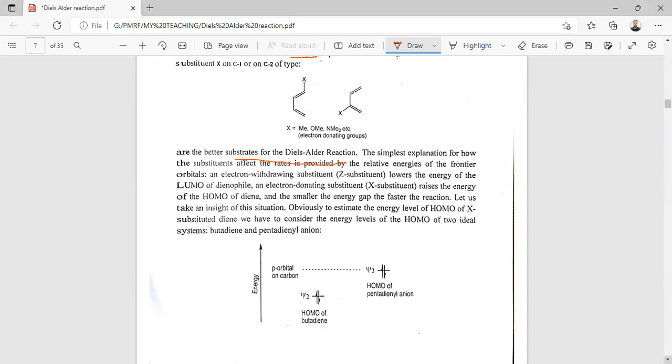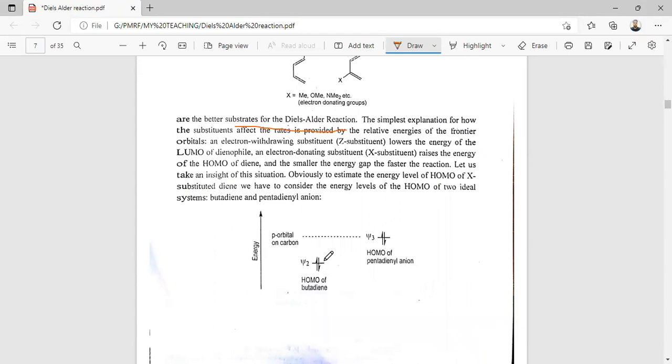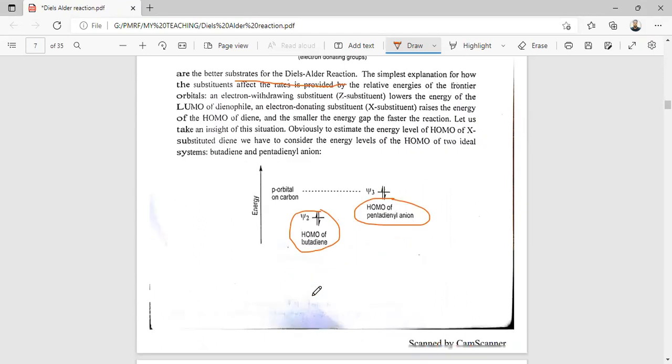So that means, to estimate the energy level of the HOMO of the X substituted diene, we have considered the energy levels of two ideal systems: the HOMO of butadiene and the HOMO of the pentadienyl anion. The HOMO of the pentadienyl anion is slightly higher in energy than the HOMO of butadiene.